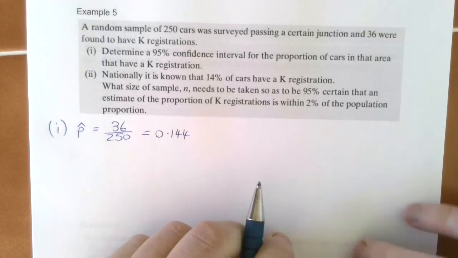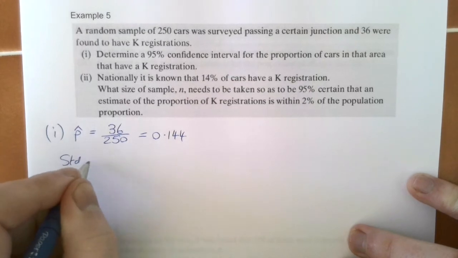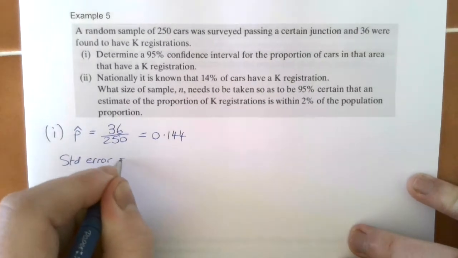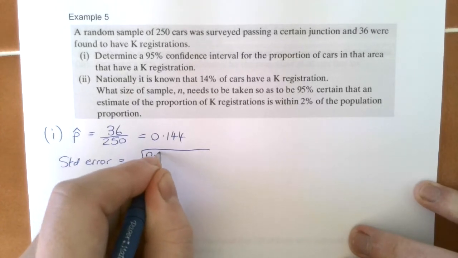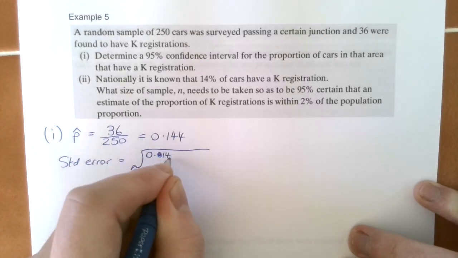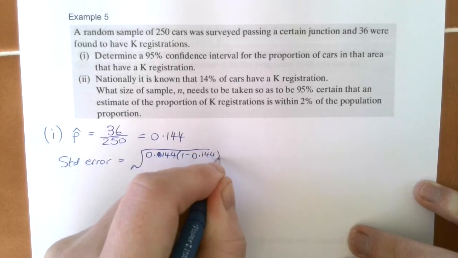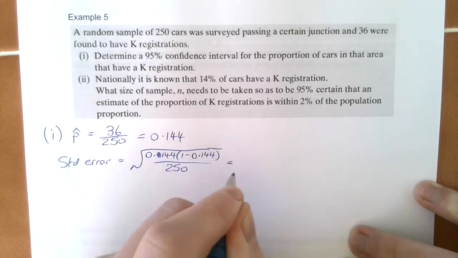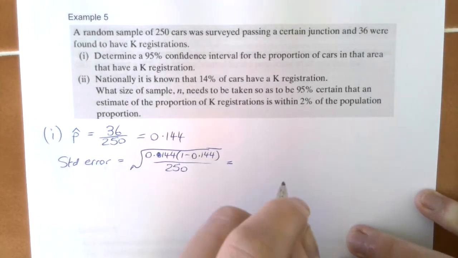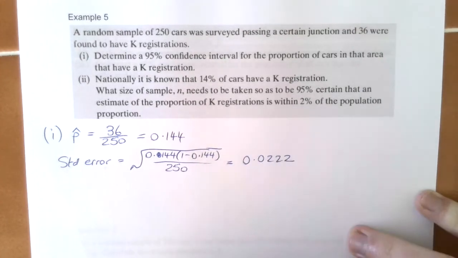Now to find the 95% confidence interval, we also need to find out what the standard error is equal to. The standard error is equal to the square root of p by 1 minus p, and then all over n, which is 250. So we can work out what this part is equal to. So it's equal to 0.0222.